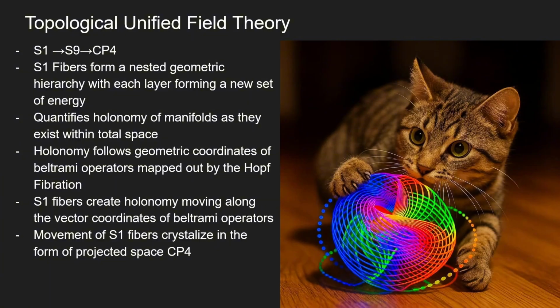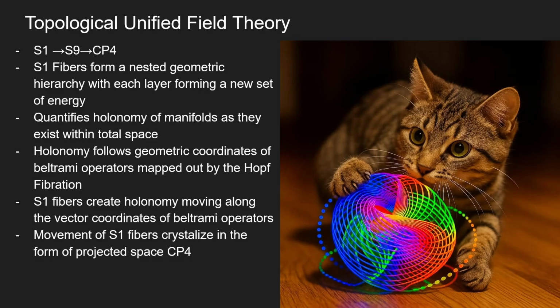So the U1 phase moves the fibers of electromagnetism. The U2 phase moves the charges Beltrami fields, which are just coordinates made by the Hopf fibration. And the U3 phase deals with geometric structural cohesions and colors the degrees of freedom of quarks within this space.